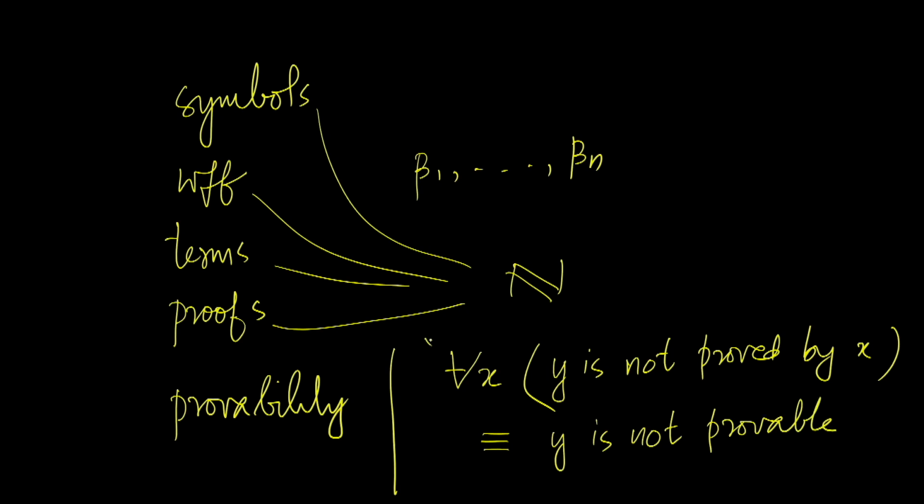Now, this statement itself has a Gödel number, and y is a free variable in that. So, by appropriate substitutions, we could devise an expression which essentially says that I am not provable. This is what Gödel did in his incompleteness theorem. He devised a formula which essentially says I am not provable.